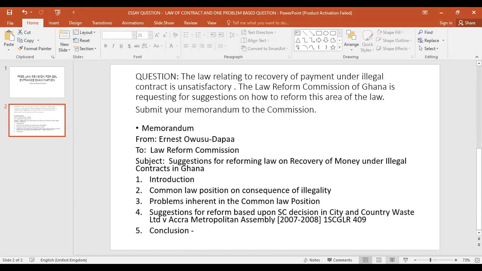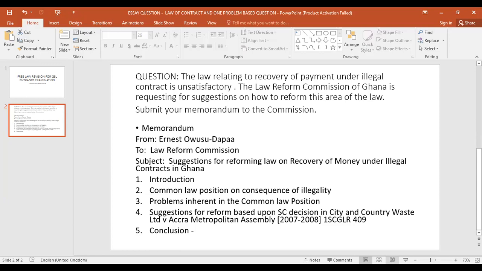When we are done with the introduction, we go to discuss the body, and then we have a conclusion. In terms of the body, I think that three main things may be touched upon: the common law position on consequences of illegality, then the problems inherent in the common law position, and then the suggestions for reform based upon the Supreme Court decision in City and Country Waste Limited against Accra Metropolitan Assembly.